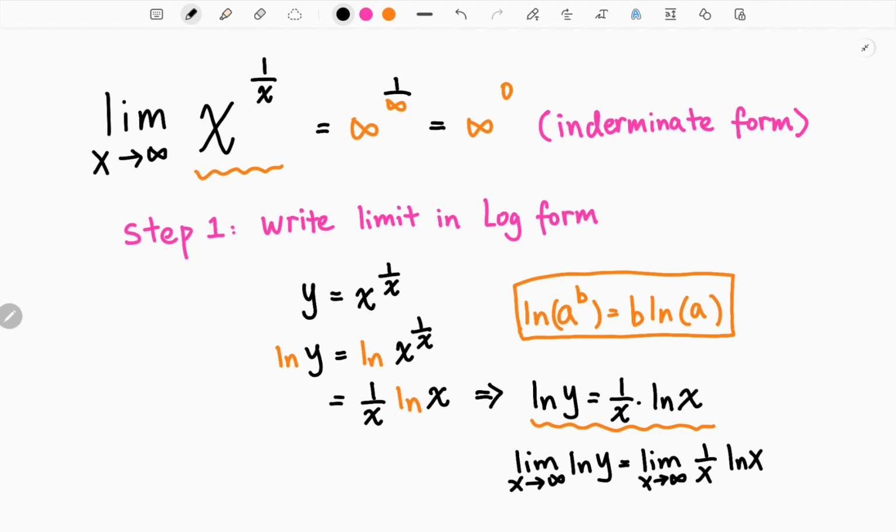So we have rewritten our exponential form into this natural log of x over x, a fraction form. And in the second step, you will see why this is easier to calculate.